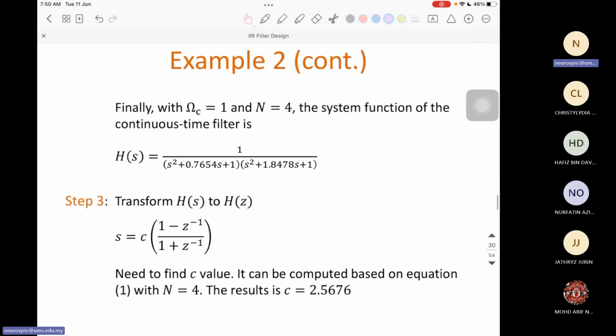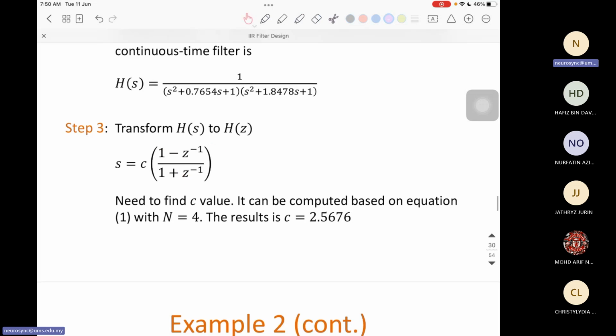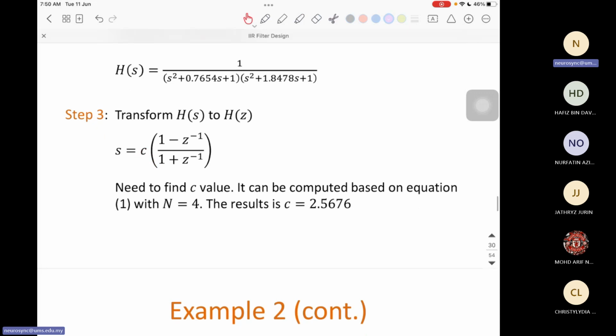So this is h of s we got. Now the third step is to transform this h of s into the h of z using bilinear transformation. Now the s is equal to c into this, this is the bilinear transformation. Now we need to find the value of c.